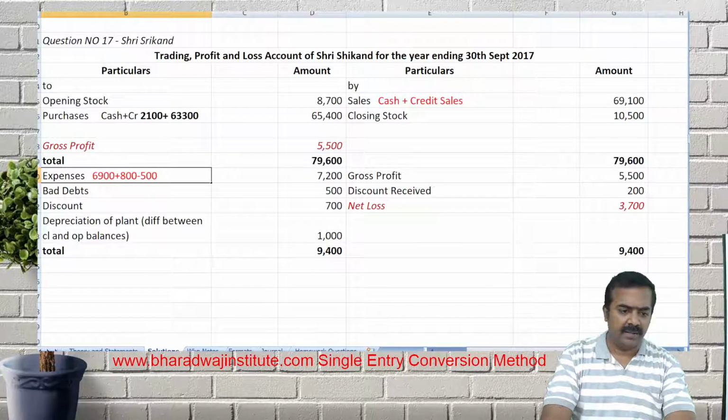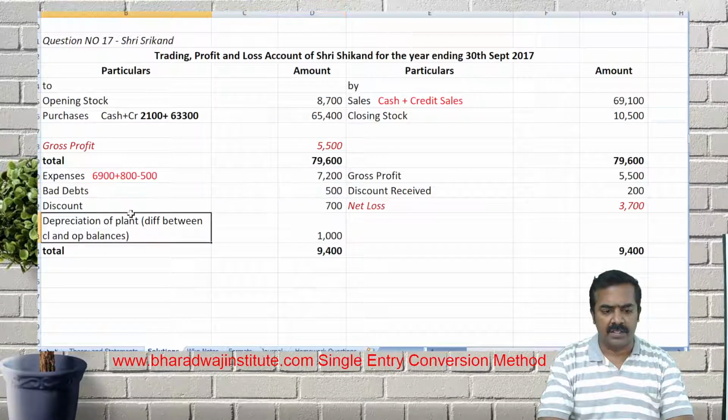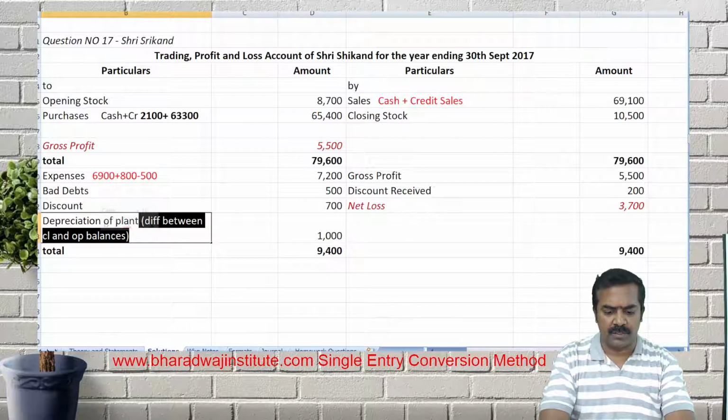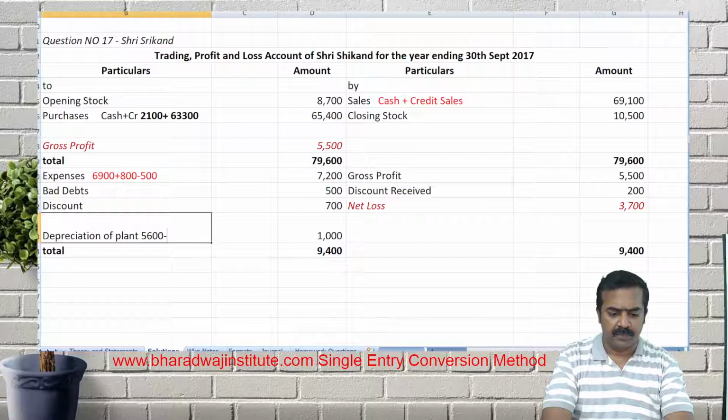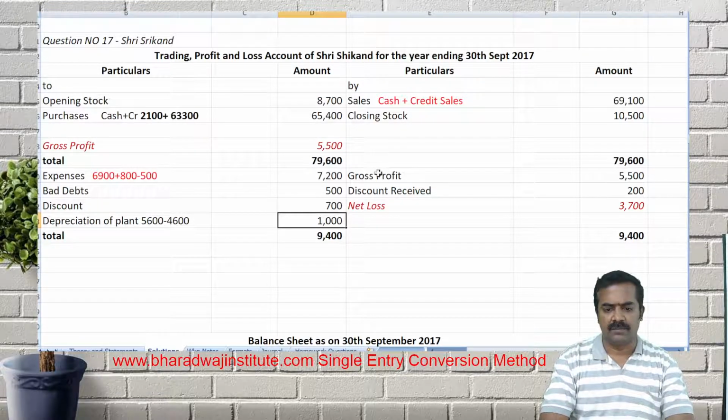Expenses paid cash plus bank, we take both payments: 6,900 plus outstanding at the end minus outstanding at the beginning. Bad debts, discount, depreciation on plant is the difference. What is the opening balance? 5,600 minus what is the closing balance? 4,600. The difference is taken as depreciation.